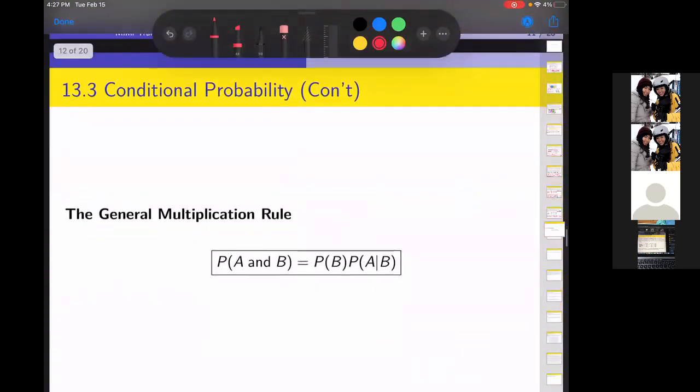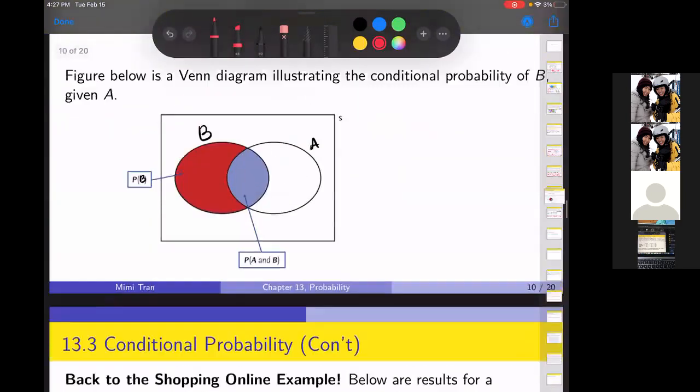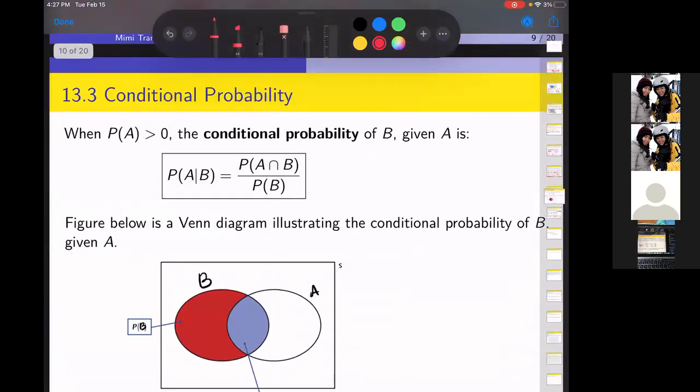Okay, all right, so let me go back to the formula. So that's the formula. And remember the conditional probability, you gotta move things around. Same thing here. If I multiply both sides by P of B, don't write this down, this is the equation, I'm allowed to do it.